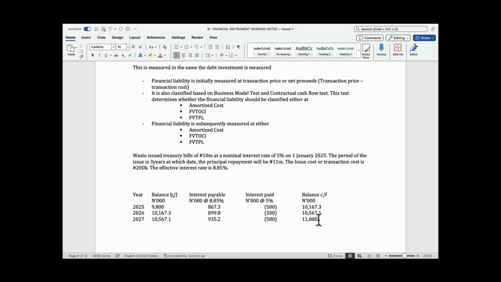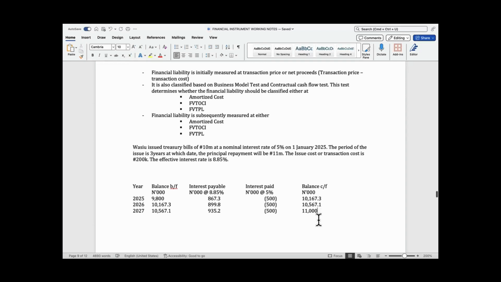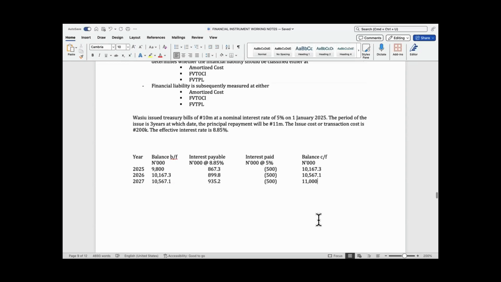And that is what the effective interest rate method does for us. It has spread those interests over the 3 years so that we automatically get the repayment value at the end of the 3rd year. Okay. And that is it for financial liability.